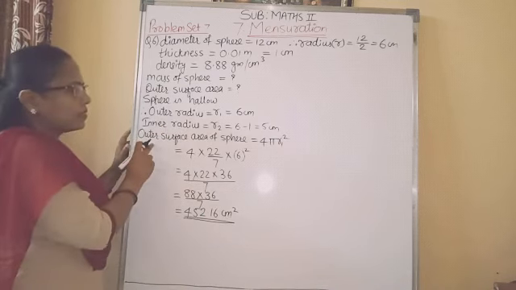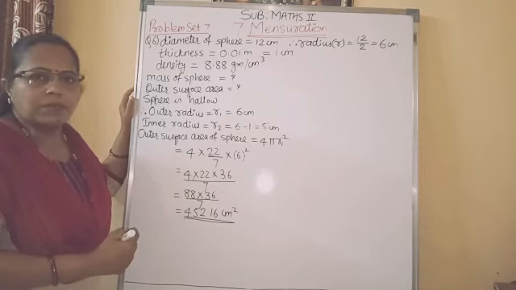So this is the outer surface area of sphere. Okay. Next we have to find out mass of sphere, and density of sphere is given. That density formula in science you studied. Density is equal to mass upon volume. And if we want to find out mass, first we have to find out volume of sphere.